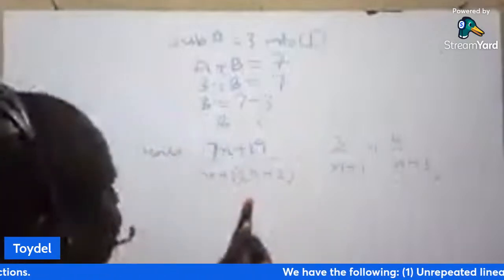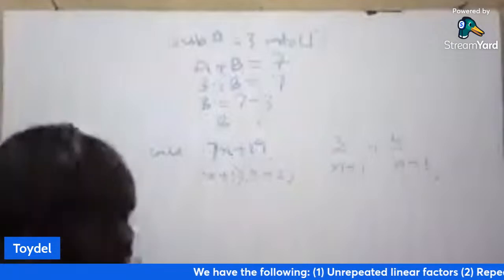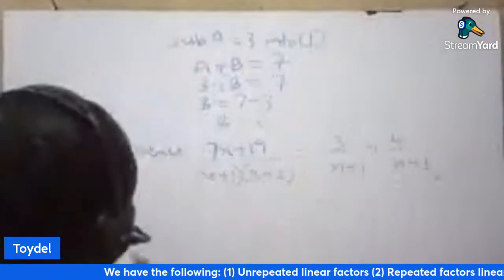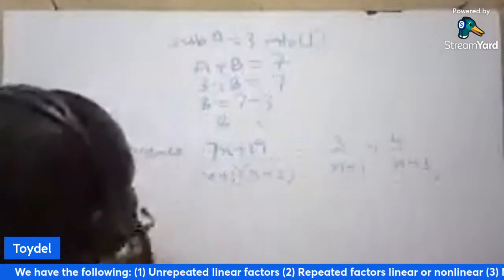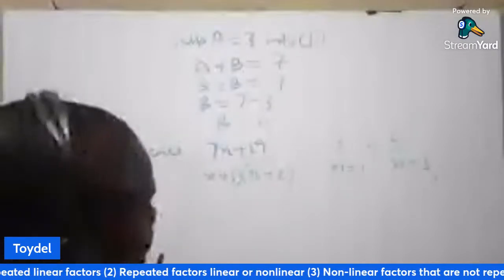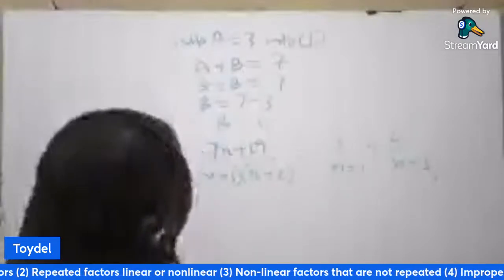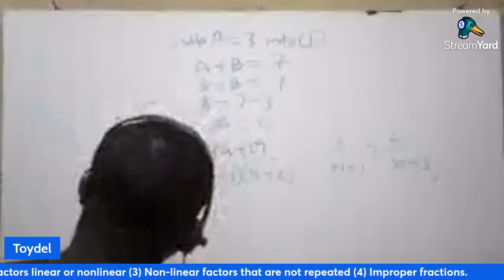The first one is the cover-up method. Then the second one is the method of comparing coefficients. But in some problems, we can actually apply the two, depending on the nature of our resolution. So that is how to resolve any given partial fraction.